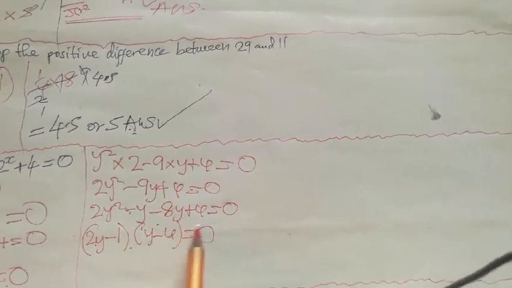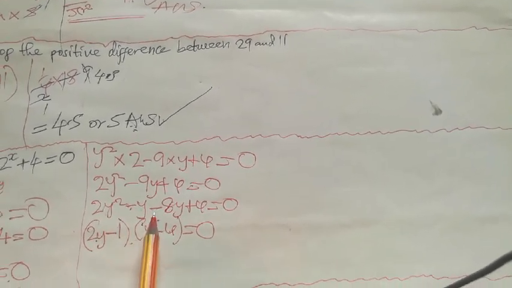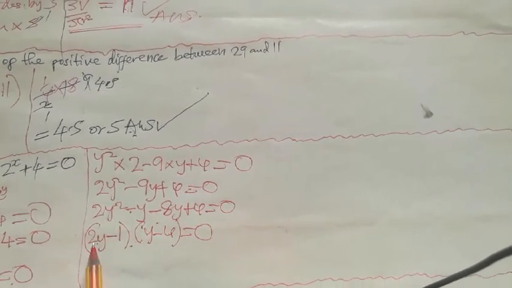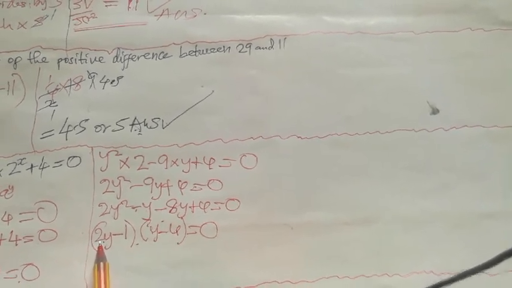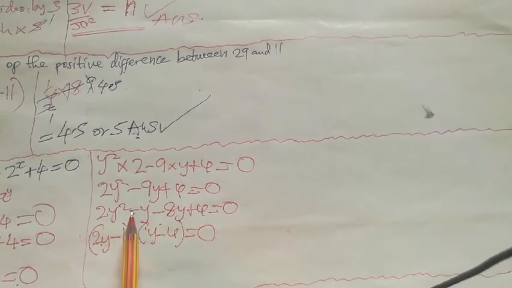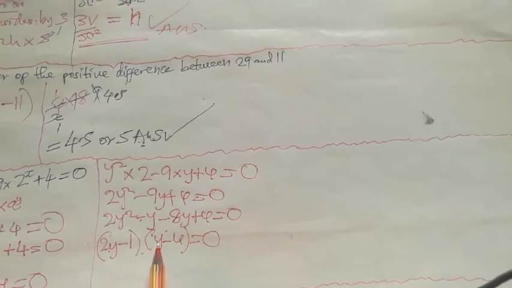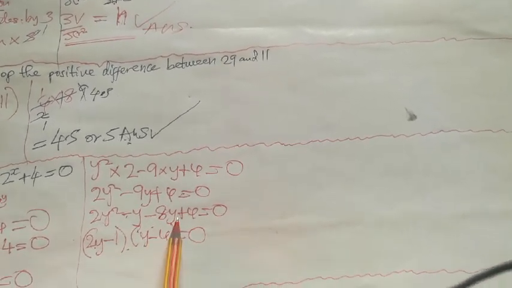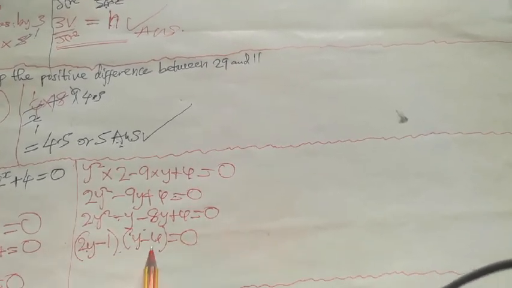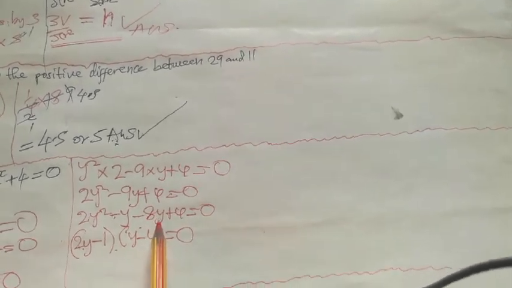If you multiply 2y to y, it becomes 2y squared, and minus y is the same as negative 1 times y. Then 2y times negative 4 is the same as negative 8y.